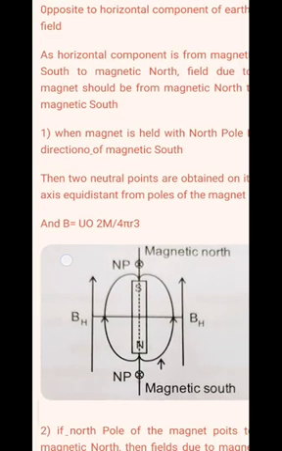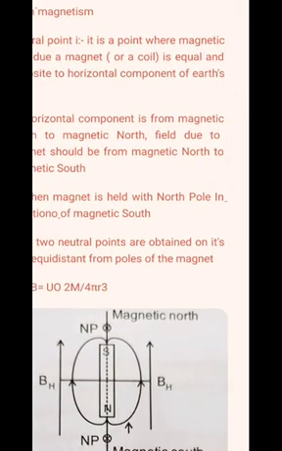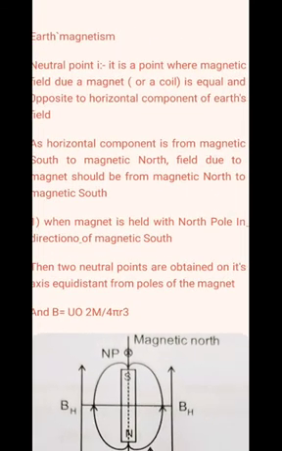If the magnet is placed with north facing south, then we get neutral points. When there is no net magnetic field and the needle does not show deflection, we call them neutral points. So we define neutral points.